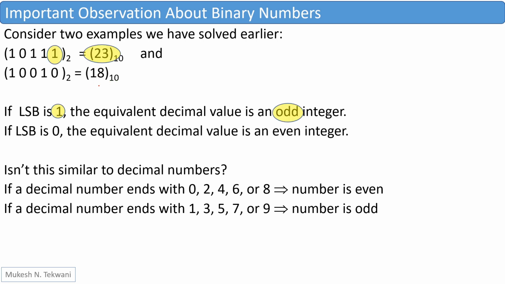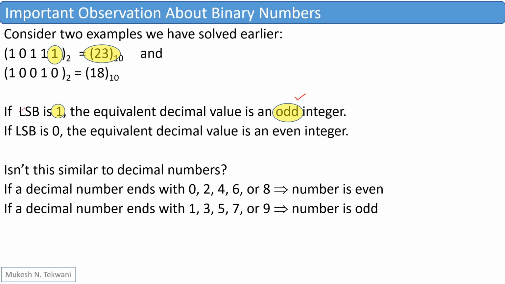Now observe this. In the first example, the least significant bit was 1, and the equivalent decimal number was an odd integer. So we have an important result. If the least significant bit of your binary number is 1, then the equivalent decimal value will be an odd integer.